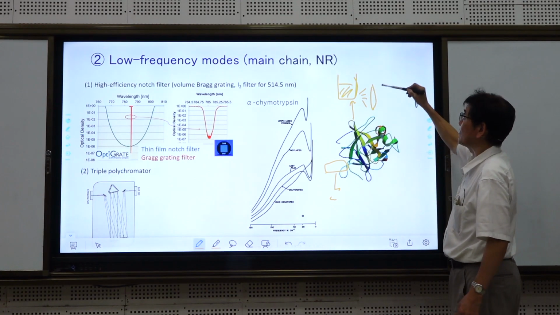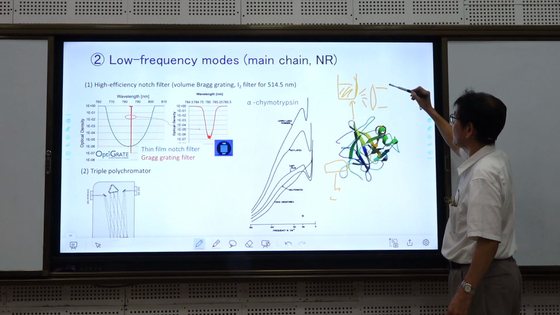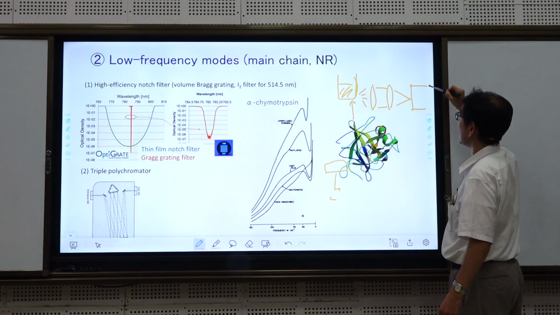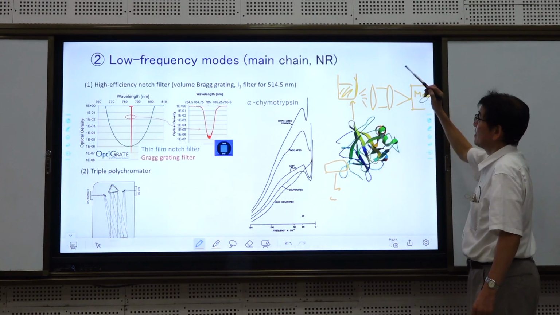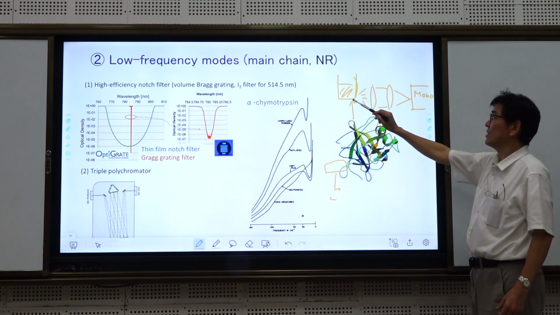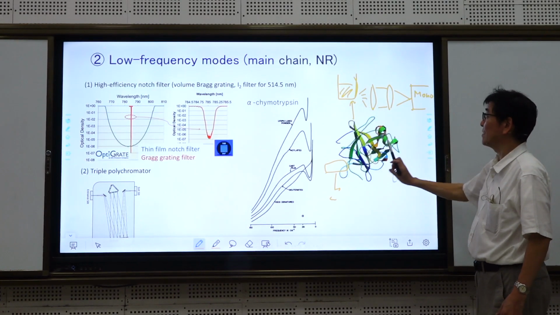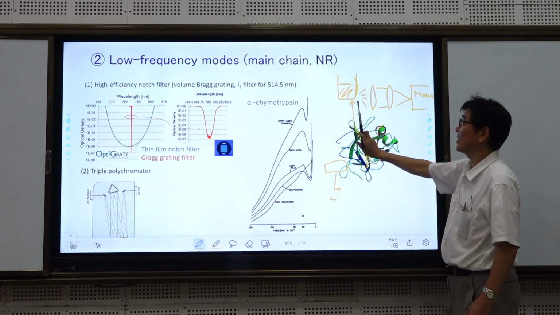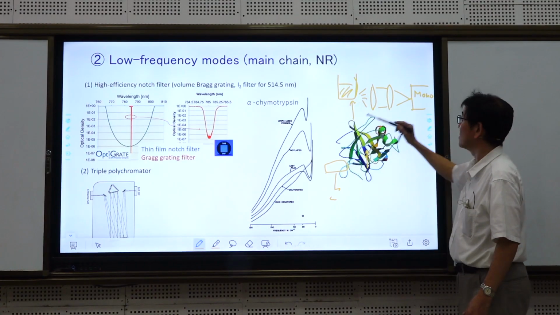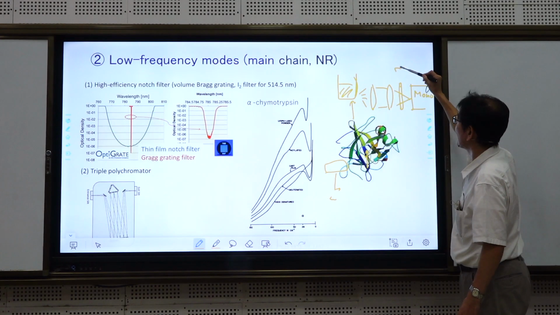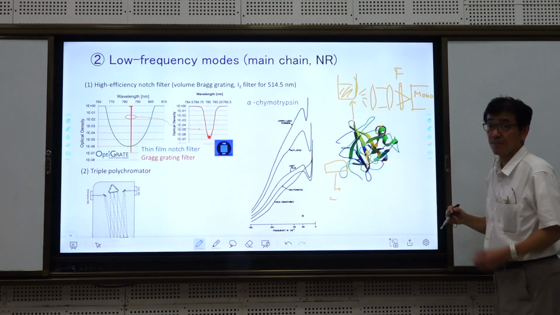Then we collect the scattered light by lens, collimate and focus it, and introduce it to the monochromator. If we do the experiment like this, then the excitation laser beam, or Rayleigh line, is the strongest. So we put a filter to cut the Rayleigh line.